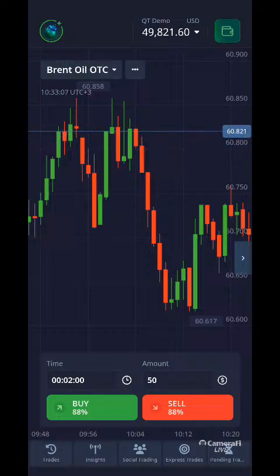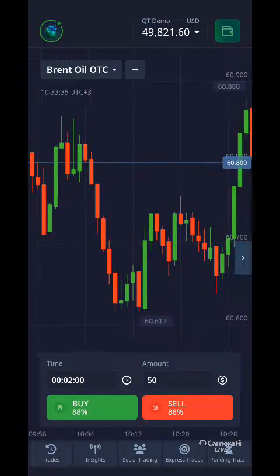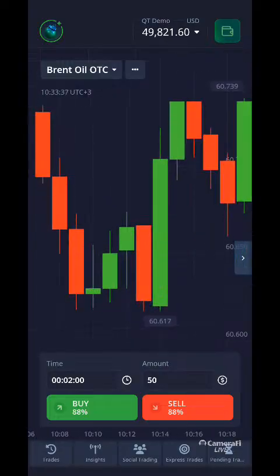So a swing trader on the higher time frames has the same opportunity as a scalper trading on the 5 minute time frame. They both have their own objectives. What differs is the time that they hold their assets, their shares, right? For how long they hold it. That's the time.